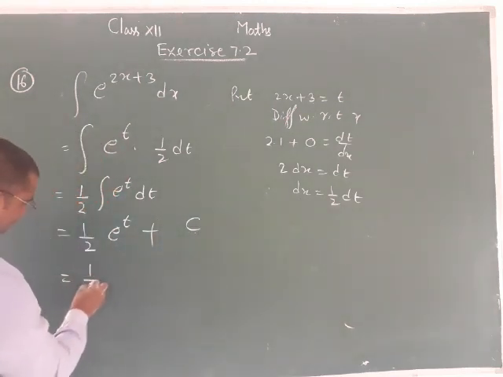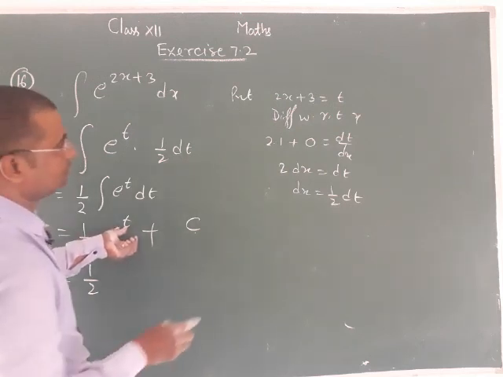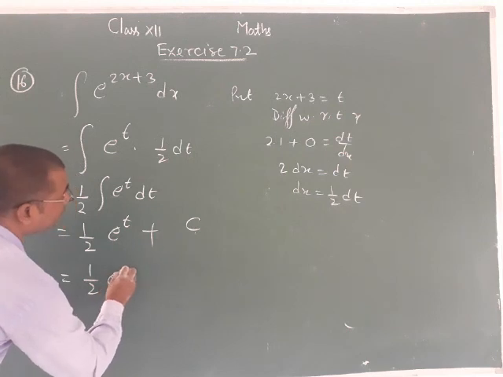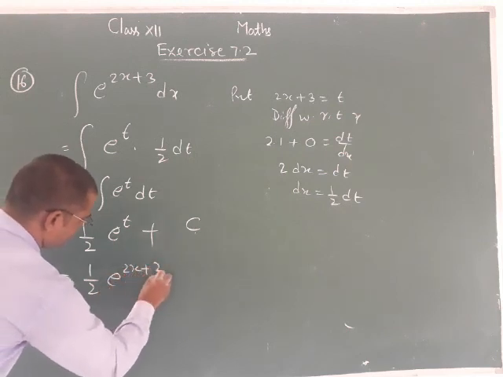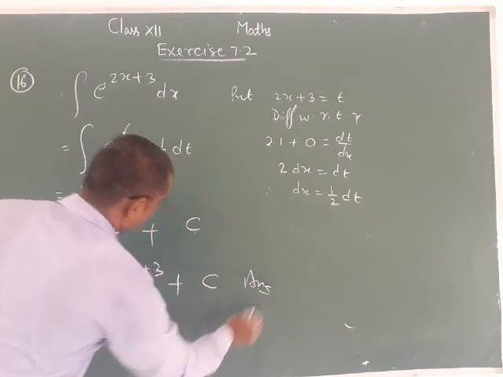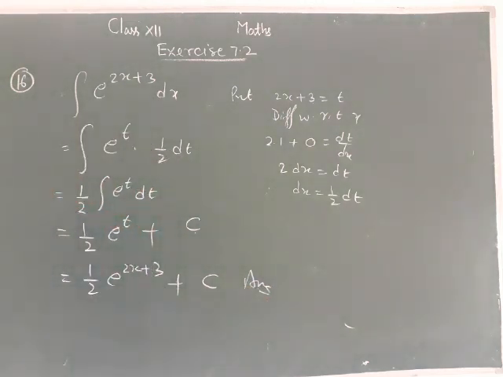Replacing t in terms of variable x, it is 1 upon 2 e to the power 2x plus 3 plus arbitrary constant c. This is the answer.